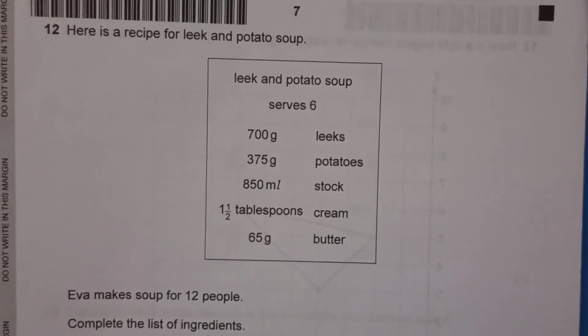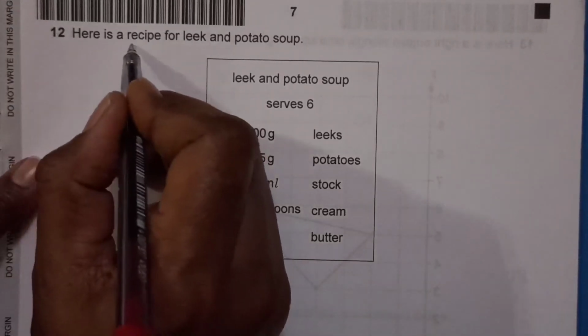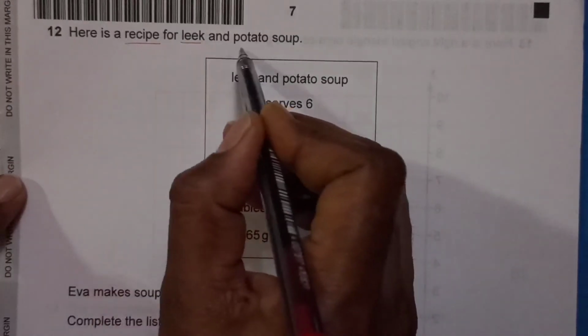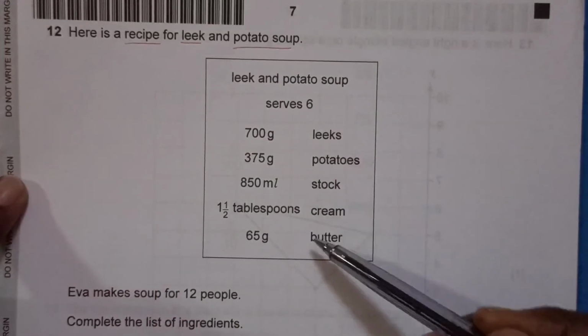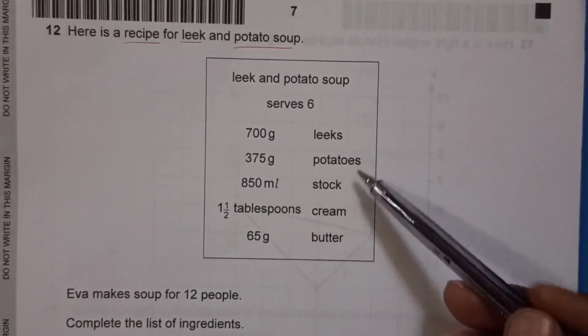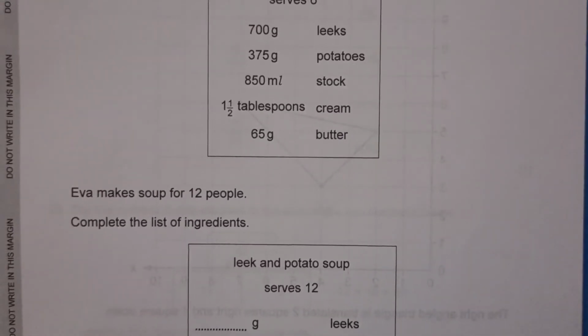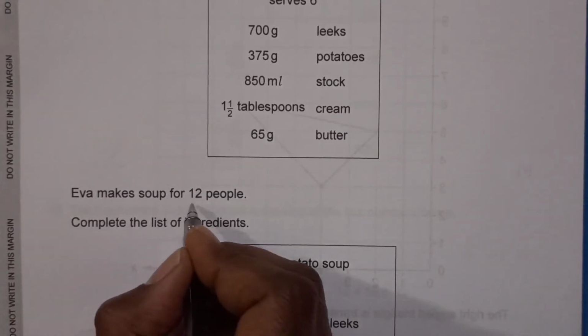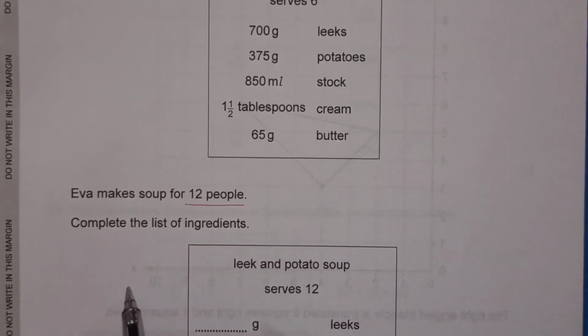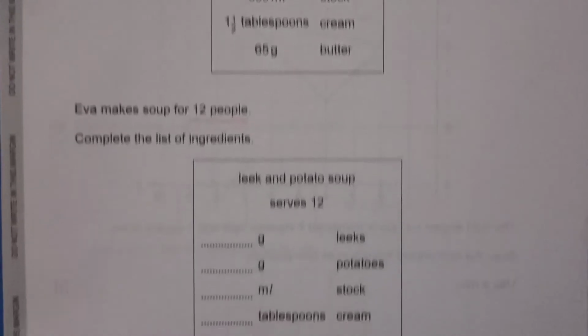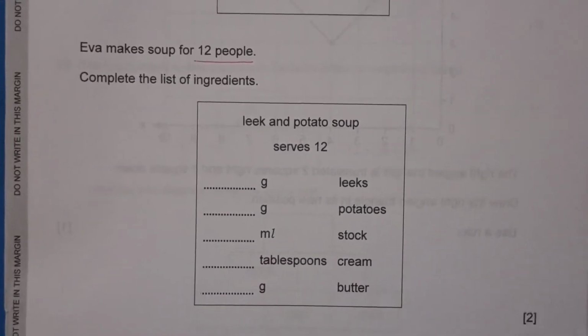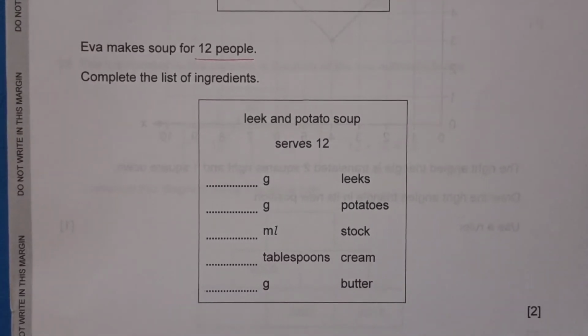Question number 12. Here is a recipe for leek and potato soup. So here is the recipe, the ingredients are given, and this is the amount given. Let's see the question. Eva makes soup for 12 people. Complete the list of the ingredients. So we have to complete the amount of each ingredient to be taken.